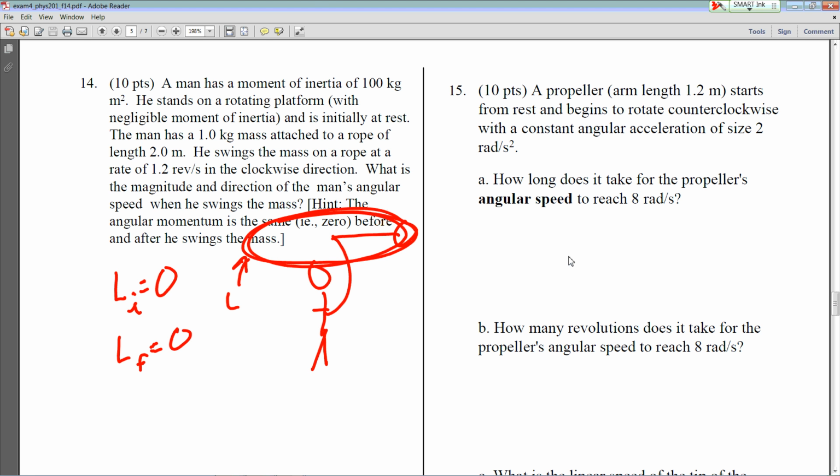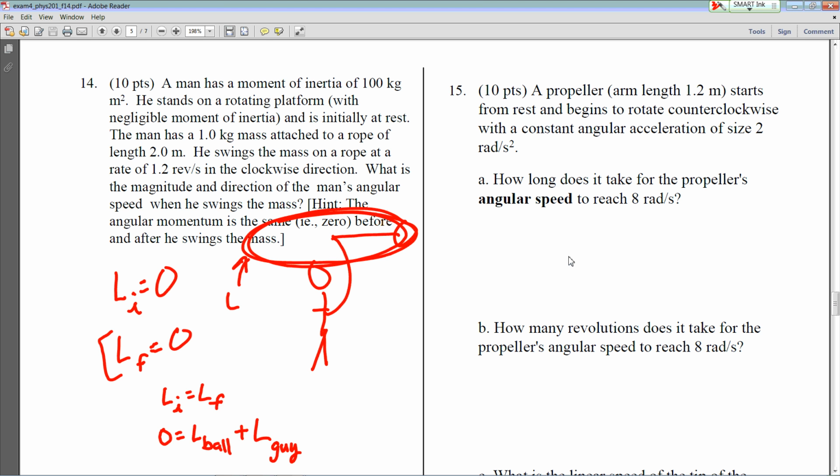Since the total angular momentum has to be 0, the guy is going to have an opposite amount of angular momentum, equal but opposite to that of the ball. So we could work this out. We could say Li is equal to Lf. Li is equal to 0 because nobody's rotating. Lf will equal the angular momentum of the ball plus the angular momentum of the guy.